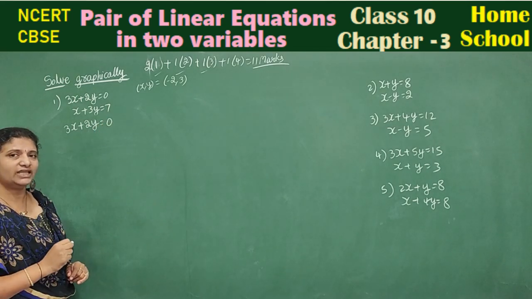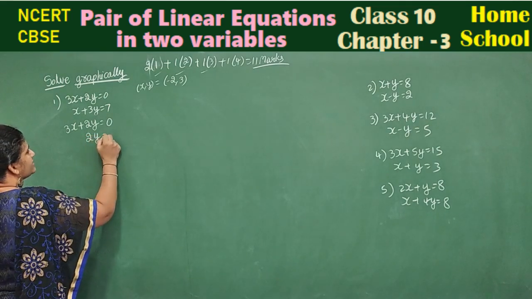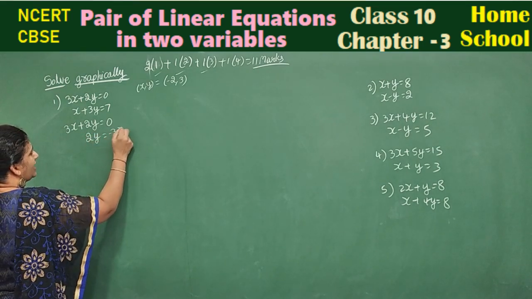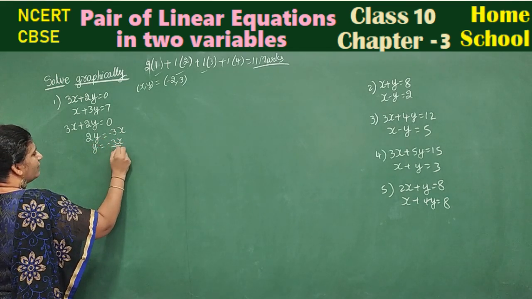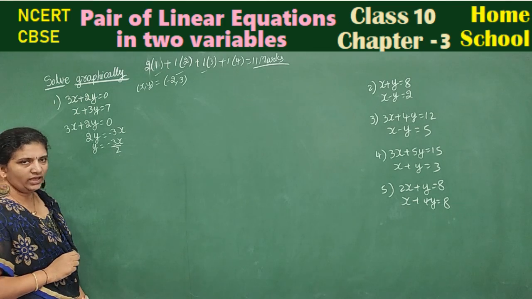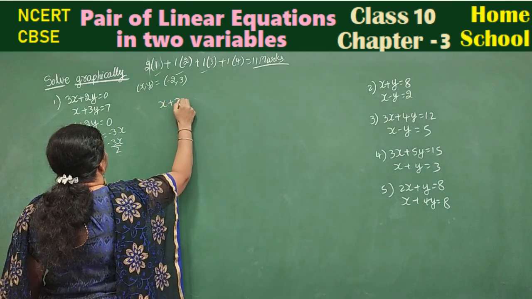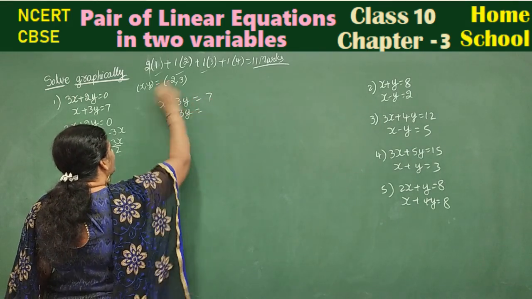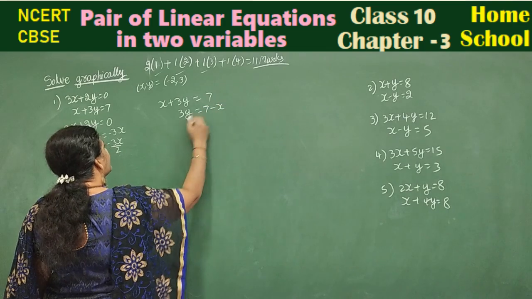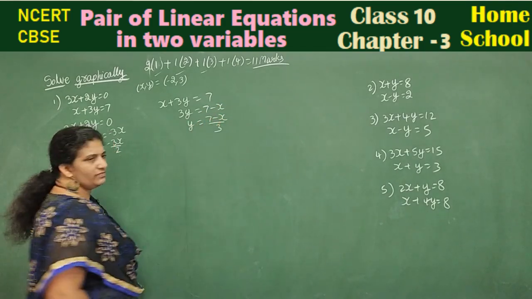Rewrite the equation in the form of y. 2y is equal to minus 3x and y is equal to minus 3x by 2. In the same manner, the other equation, x plus 3y is equal to 7. 3y is equal to 7 minus x and y is equal to 7 minus x by 3.